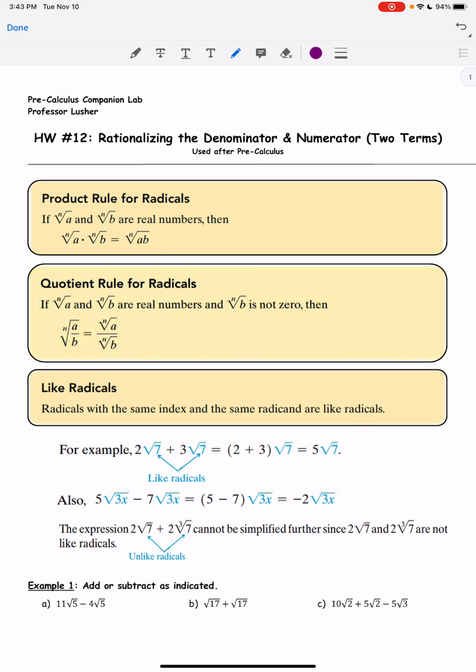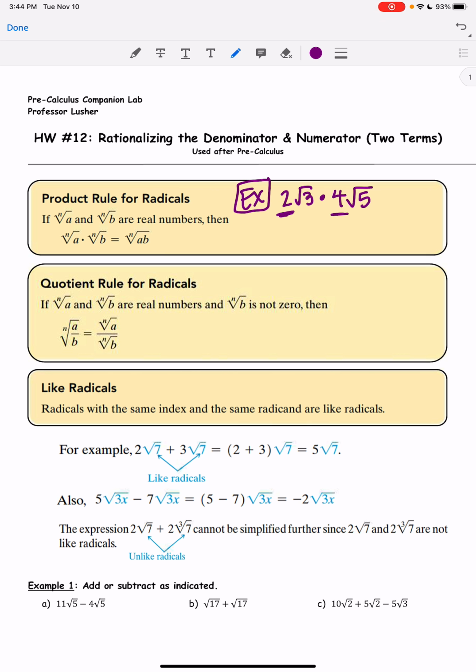So we've already gone over product and quotient rule. The product rule, just to make sure we're on the same page. If you have something like 2 square root 3 times 4 square root 5, make sure you're multiplying outside numbers together and inside numbers together.